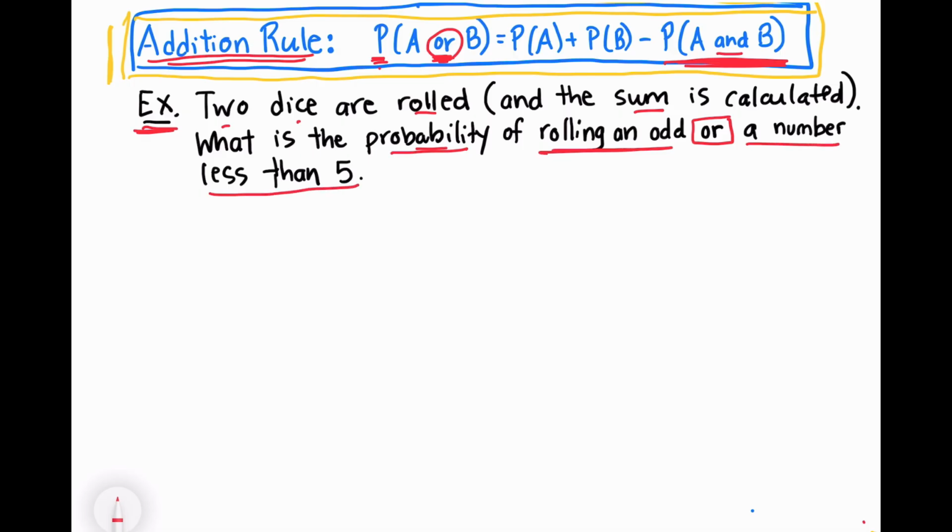So if I apply the addition rule, this would be written as the probability of, let's say, an odd sum, or a number less than 5.